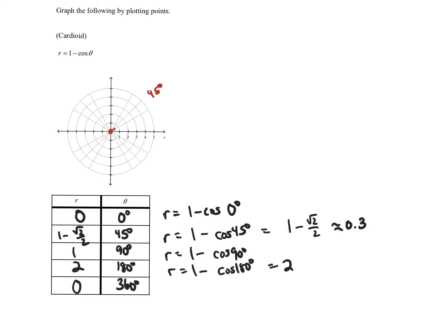At 90, I'm up to 1. At 180, I'm at 2. And then at 360, I'm back to 0. It's kind of hard to see what the graph looks like, but when I graph it on Desmos, it looks something like this. This is what we refer to as a cardioid.